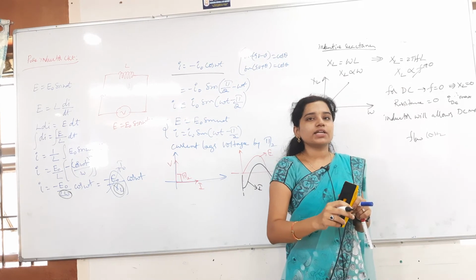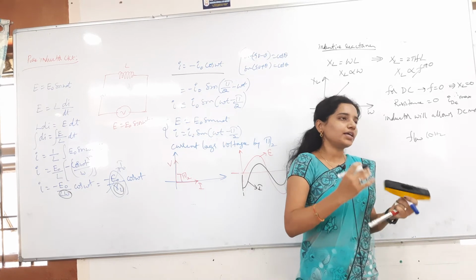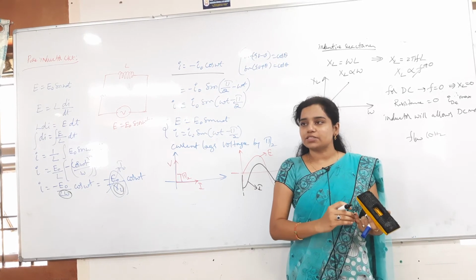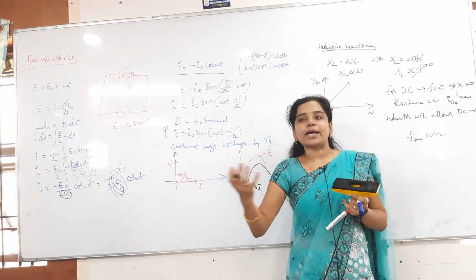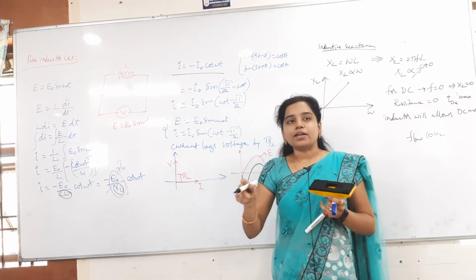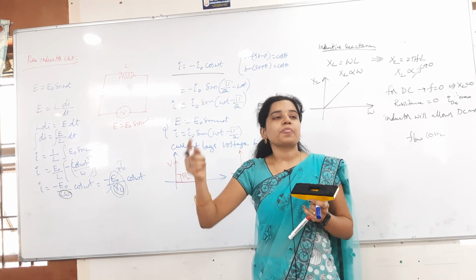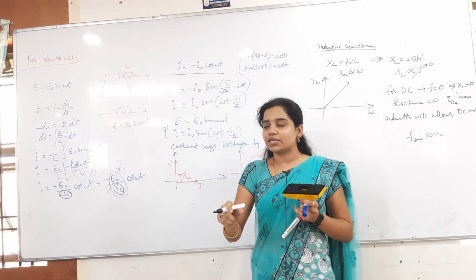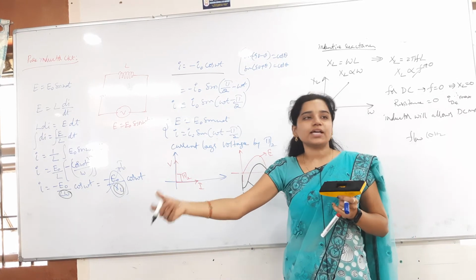XL is low means current is more. You understand? So the inductor allows AC as well as DC, but it allows the DC more compared to the AC. And it allows which type of frequencies, low or high? Low frequencies. The inductor allows low frequency AC current.